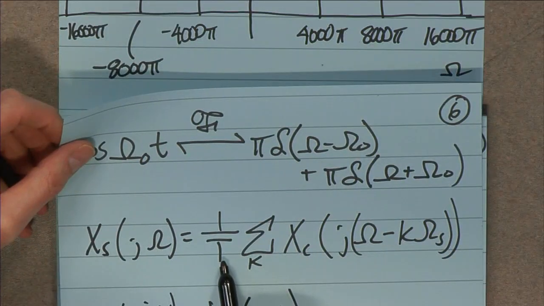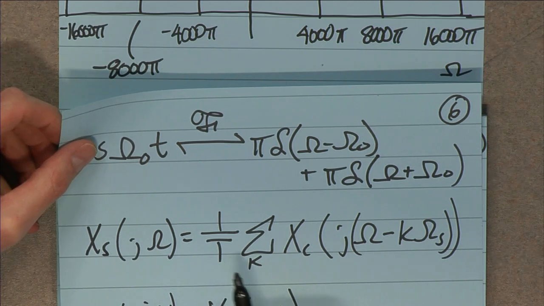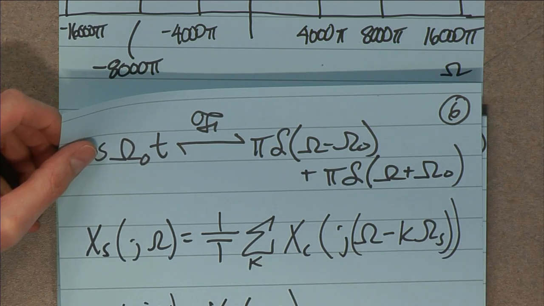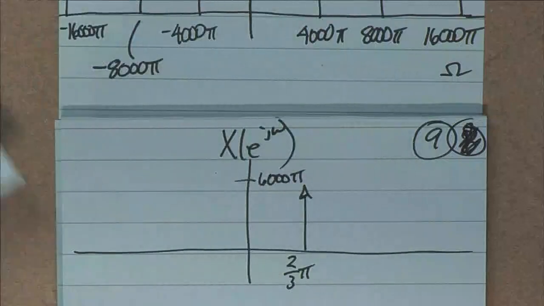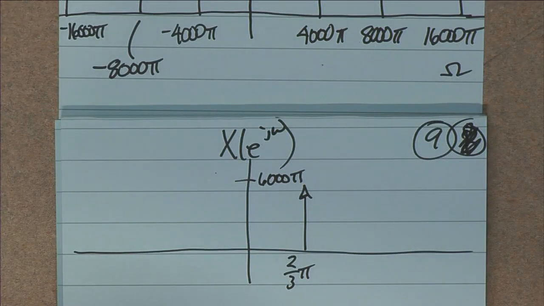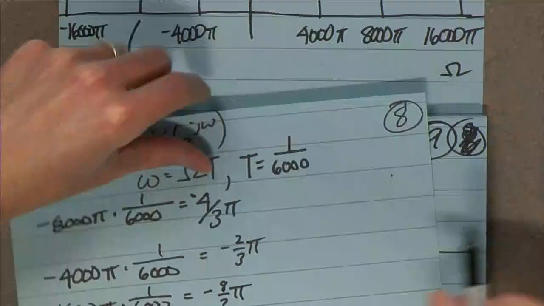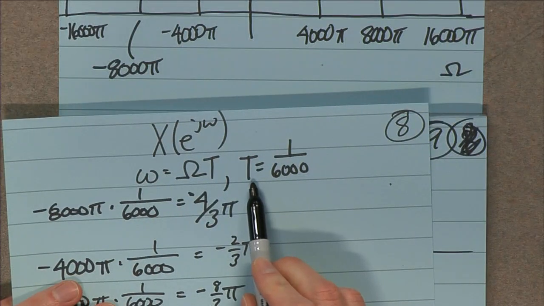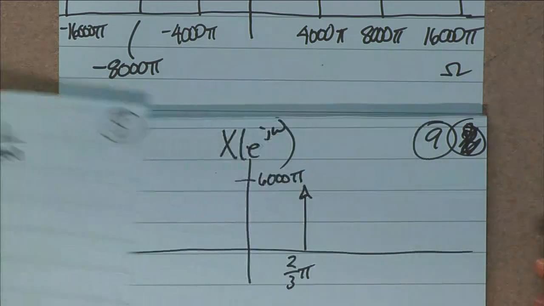So t is 1 over 6,000. So 1 over t is 6,000, right? Oh, we're multiplying by 1 over t. Oh, yeah, sorry. Okay, I got it.